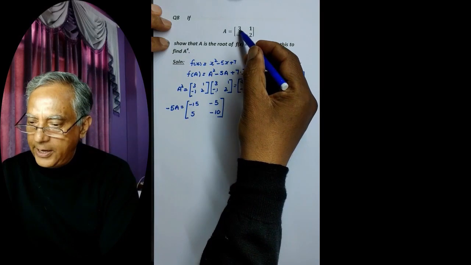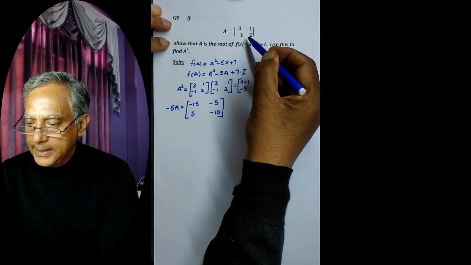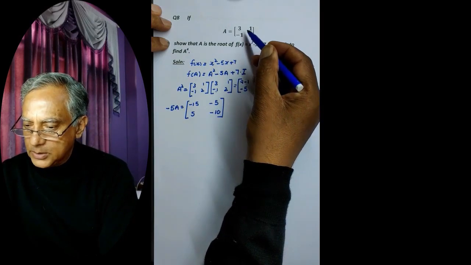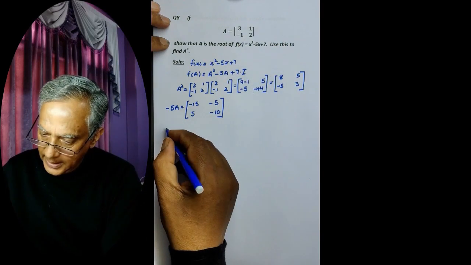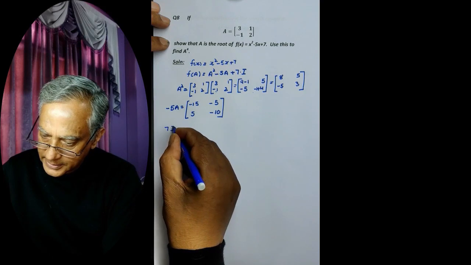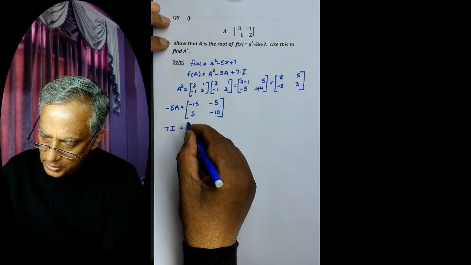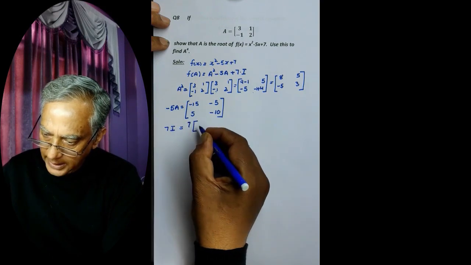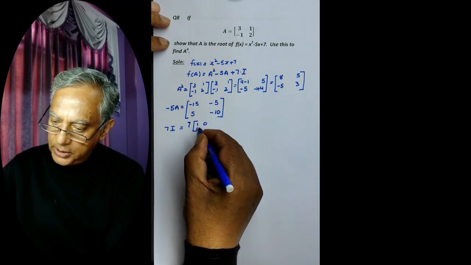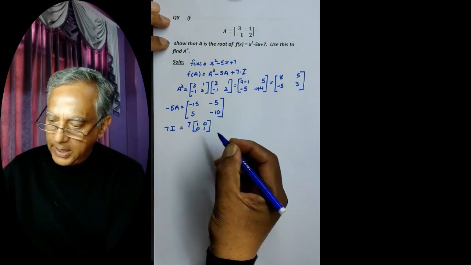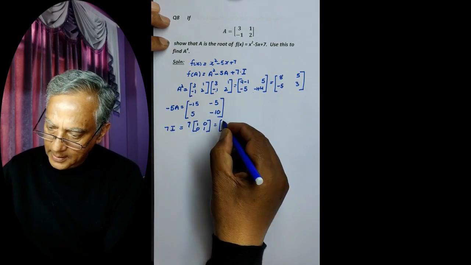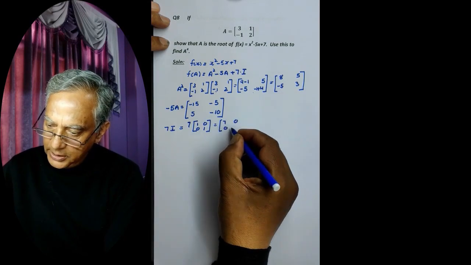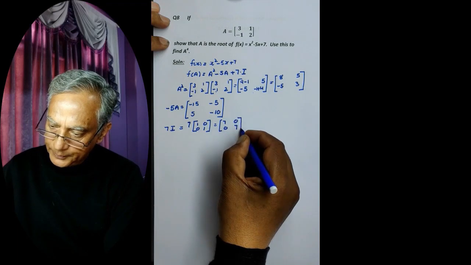Multiply each and every entry of this by minus 5. Minus 15, minus 5, plus 5 and minus 10. And 7I. 7I is equal to 7 into I. I is [1, 0; 0, 1]. For 2 cross 2 matrices, identity is this much. So this is equal to [7, 0; 0, 7].